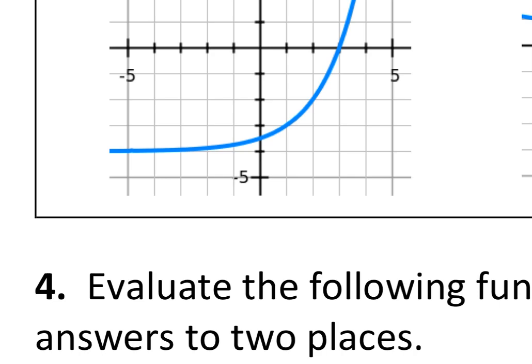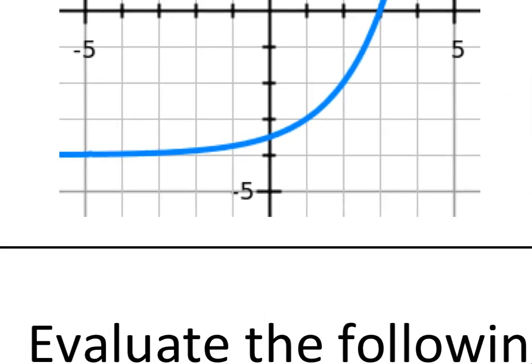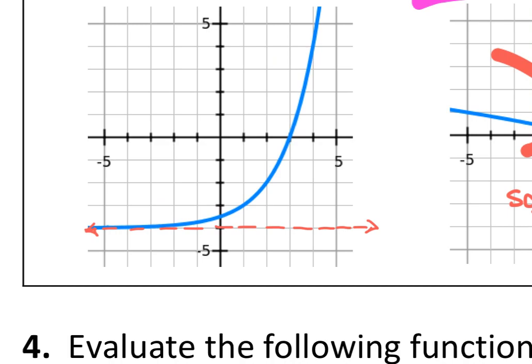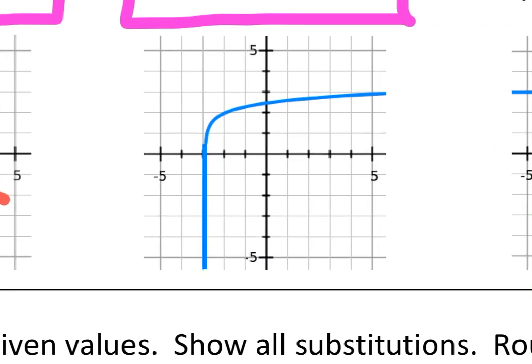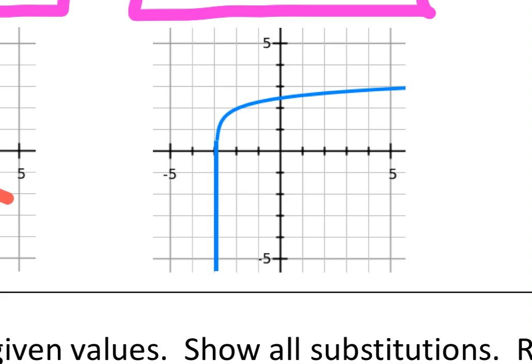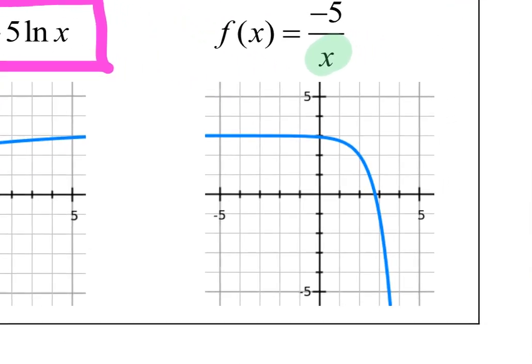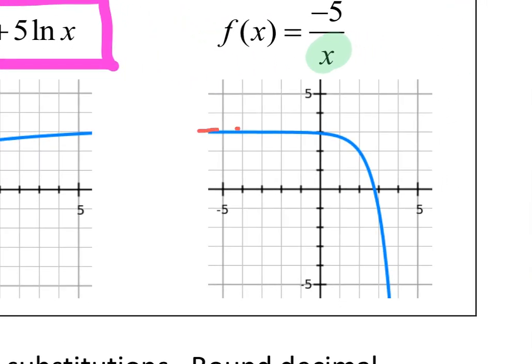And so in this first one, I see that there's an asymptote here. And that's y equals -4. In the third one, I see that there's an asymptote here at x equals -3. And in this last one, I see that there's an asymptote here at y equals positive 3.